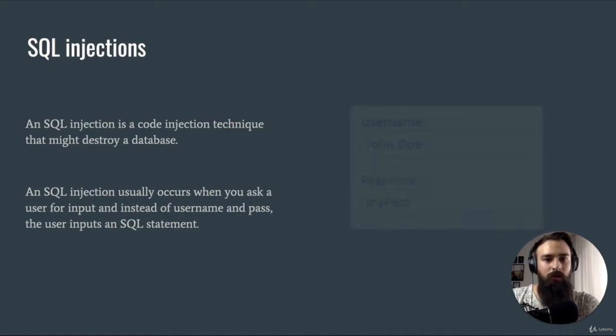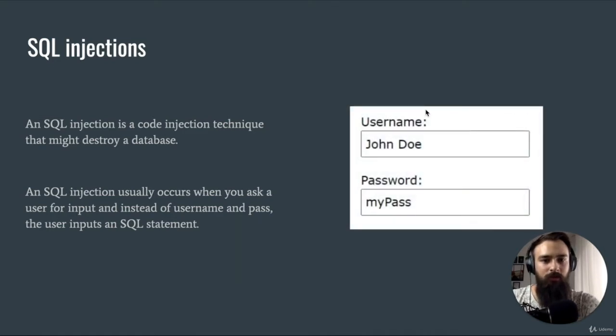So when you ask for the username and password, the app will receive a string for username and a string for password. So if we as database developers or the web developers don't take measures in order to prevent inputting SQL statements, then our database might be compromised.